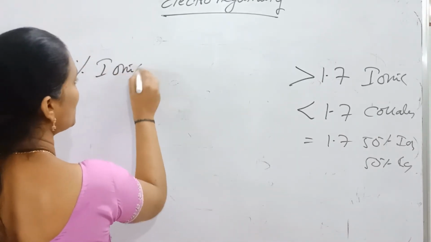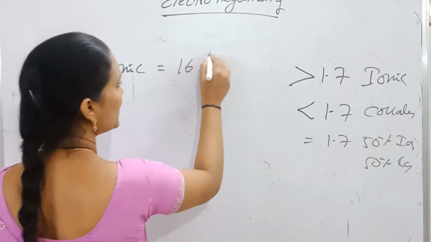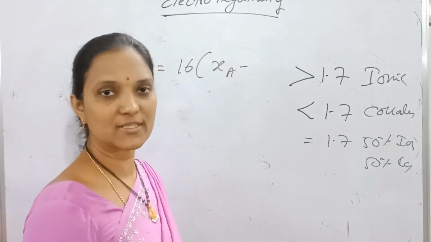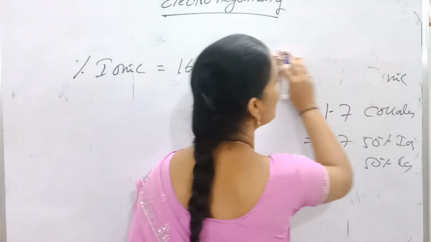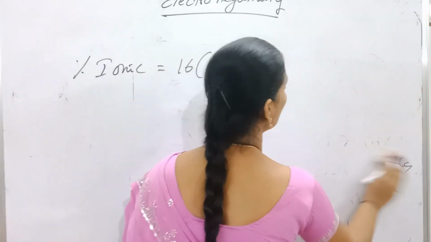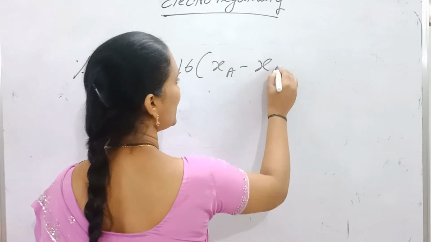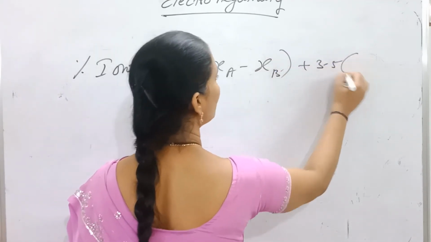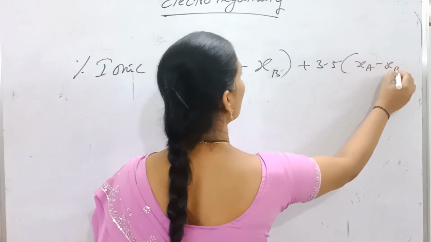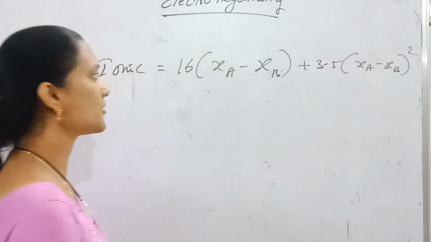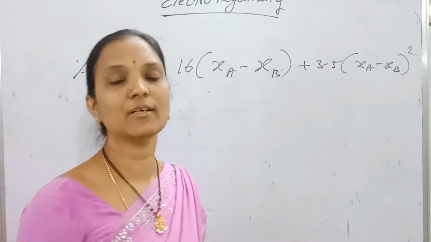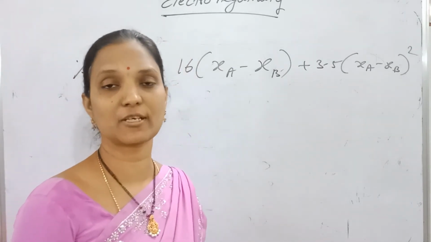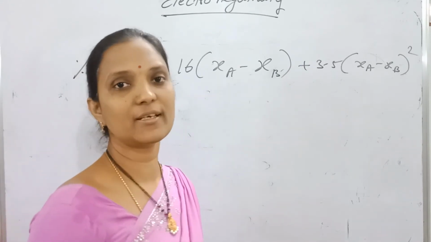Percentage of ionic nature is equal to 16 into (Xa minus Xb) plus 3.5 into (Xa minus Xb) power 2. I am writing X, but actually it is chi, the electronegativity symbol: chi A minus chi B. This is the formula used to calculate the percentage of ionic nature. Using electronegativity, we can calculate how much percent of ionic nature is present in a given compound.